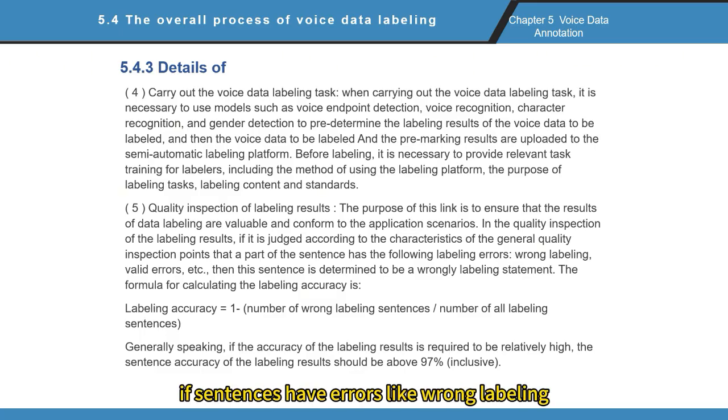If sentences have errors like wrong labeling or valid errors according to general quality inspection points, they're considered wrongly labeled. The labeling accuracy formula is: labeling accuracy equals 1 minus the number of wrongly labeled sentences divided by the number of all labeled sentences, and usually, we require an accuracy of at least 97%.